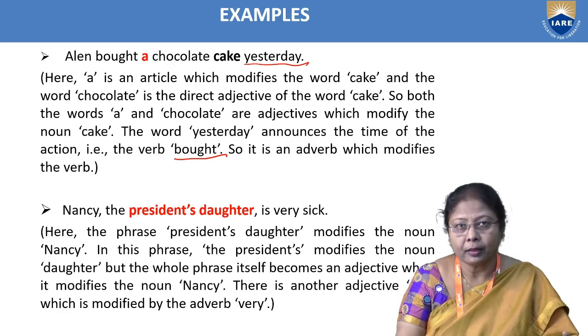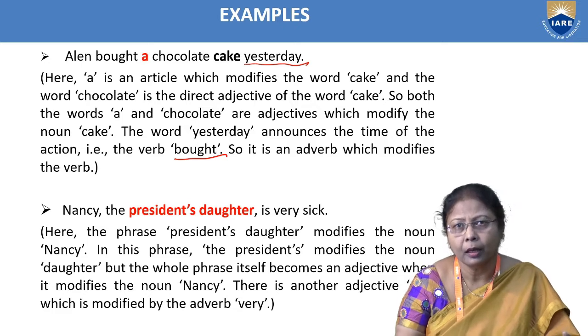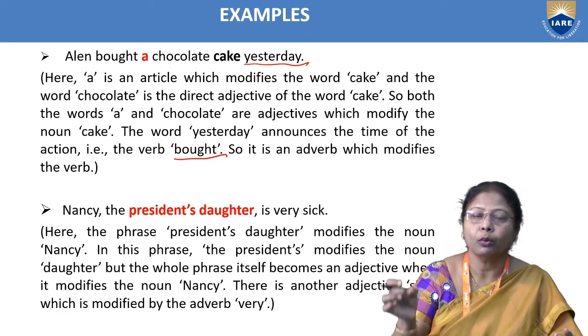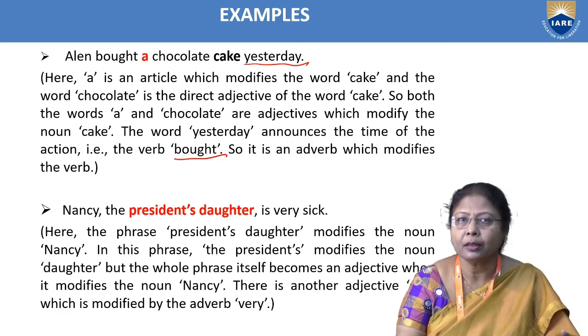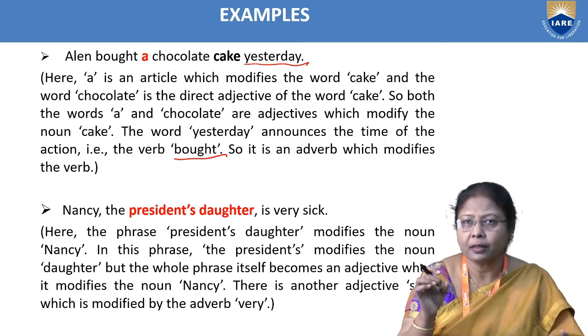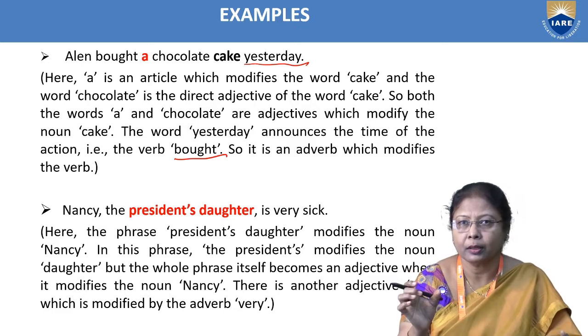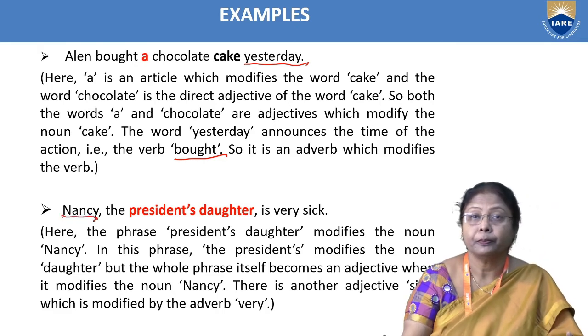Let us go for the next sentence. Nancy, the president's daughter, is very sick. Here, president's daughter, a noun phrase, modifies the noun Nancy. Nancy is a noun in this sentence. The word president's modifies the noun daughter, but the whole phrase, president's daughter, became an adjective and modifies the noun Nancy.